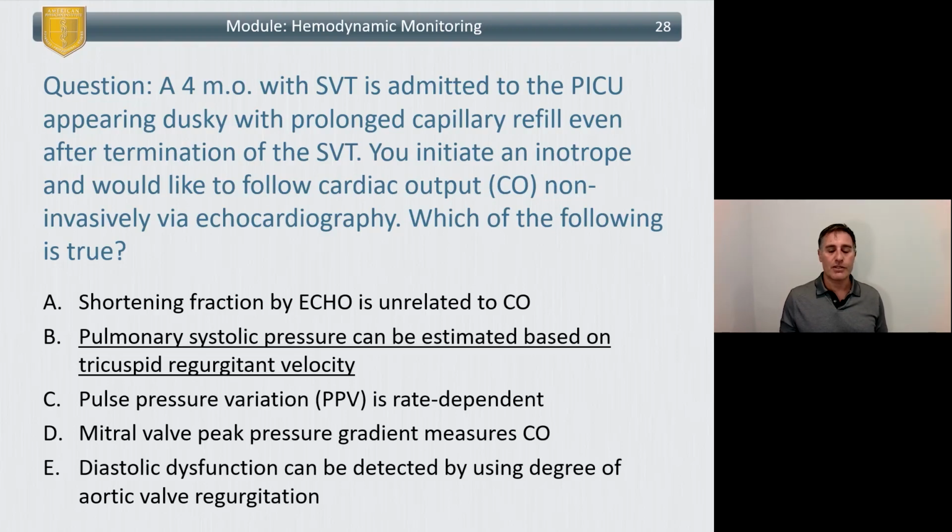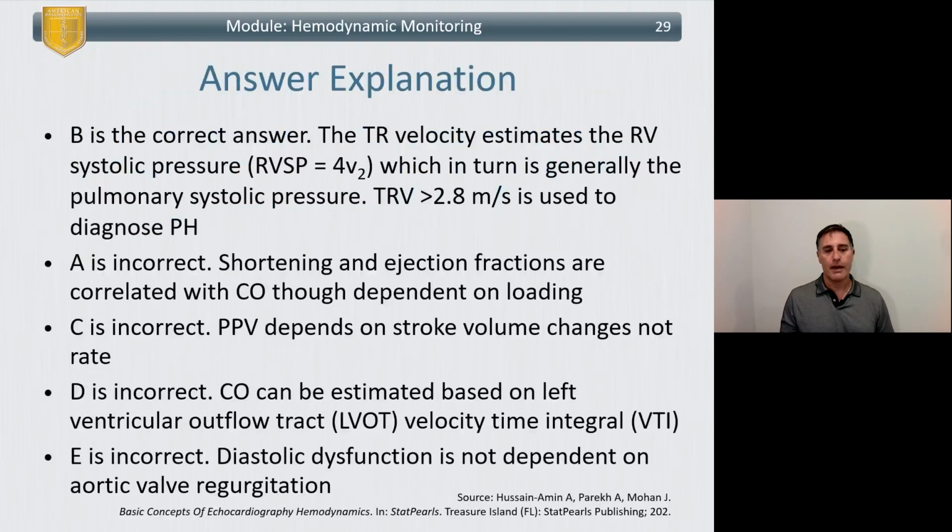And so certainly, we use it within our units to get very quick estimates of, how's the function, how full is the ventricle, is there a pericardial effusion, how does the right heart pressure look, things like that.